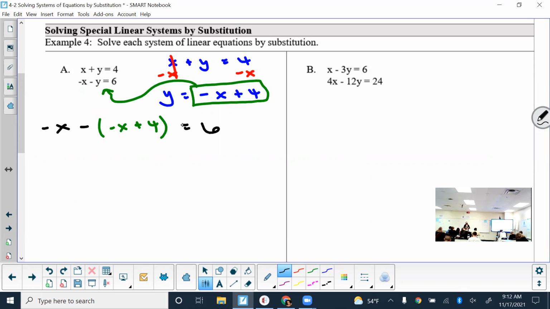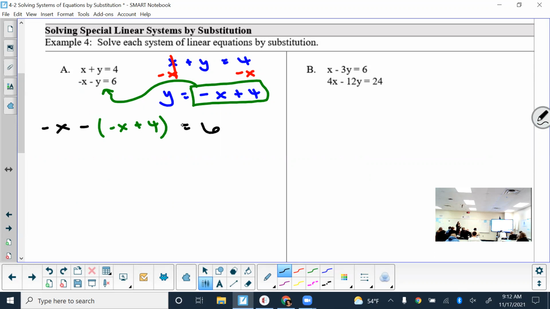So everyone with me so far? Get one of the variables by itself, take what it equals, and we're substituting it back into the other equation. Now we have to solve for x.